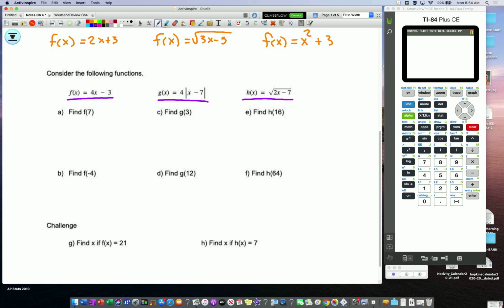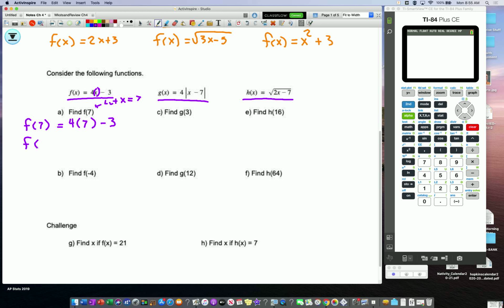In A it says find f of 7. What this means is I'm simply going to let x equal 7 and solve for the function. Meaning f of 7 equals, so I come up here and replace the x with 7. So I go 4 times 7 minus 3.